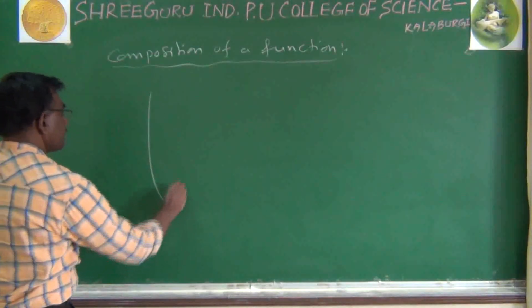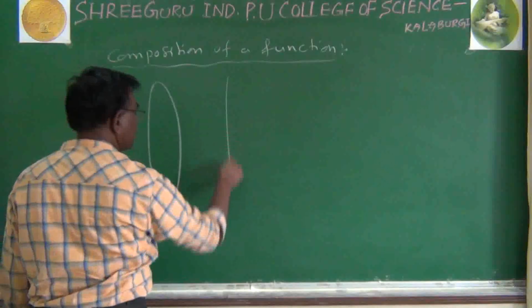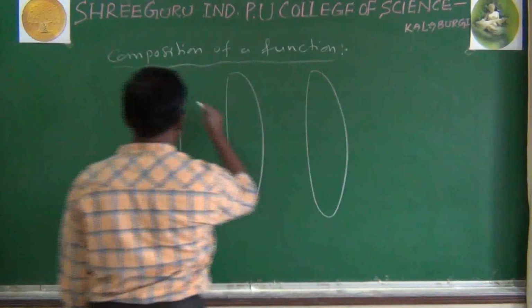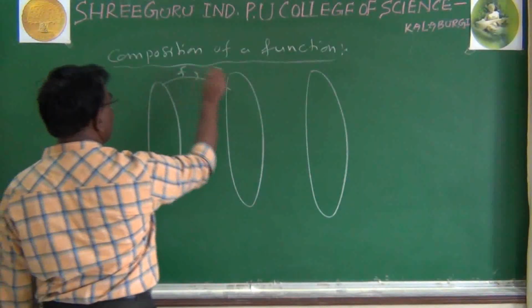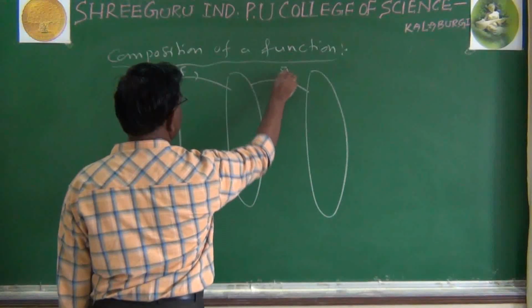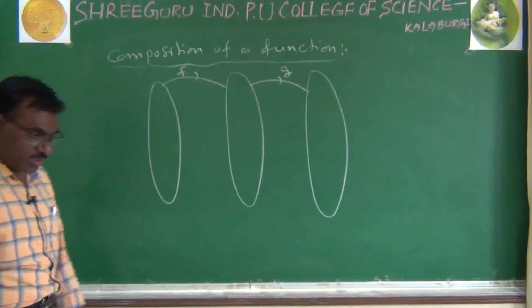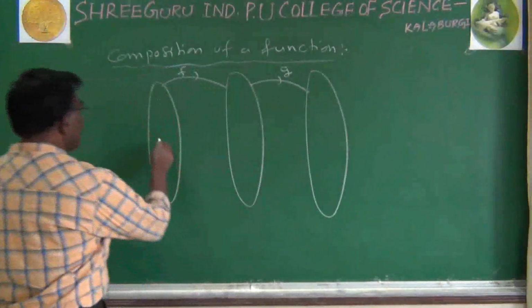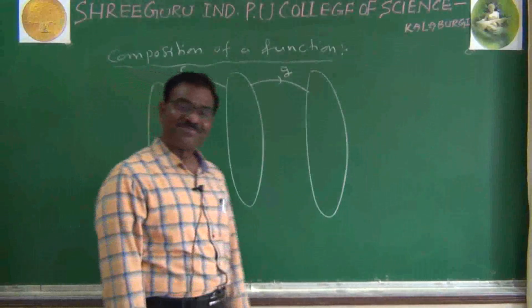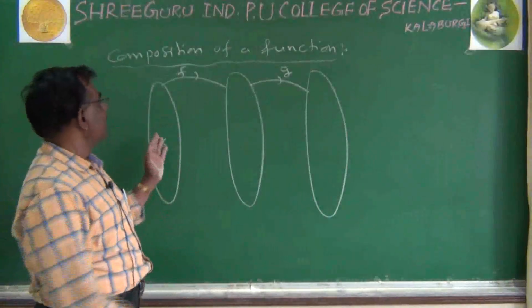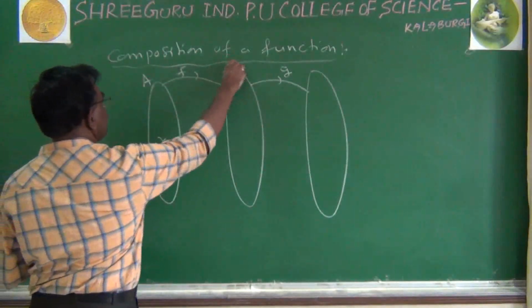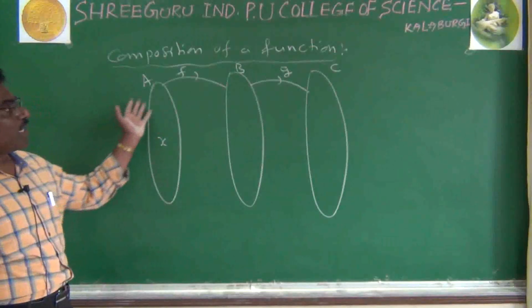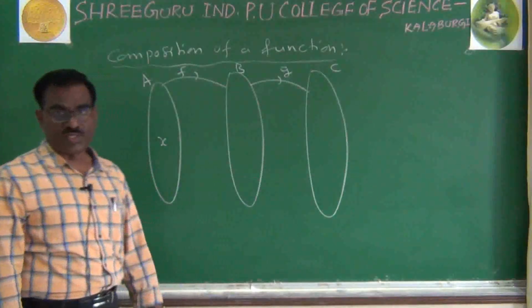Suppose this is set A, this is set B, this is set C. f is from A to B, and G is from B to C.